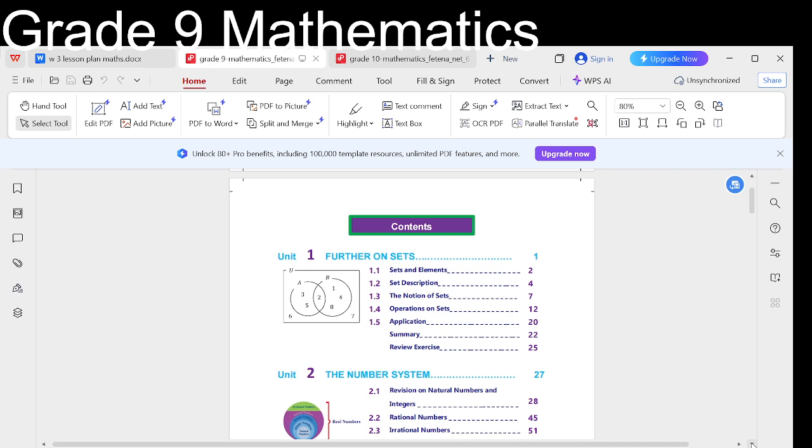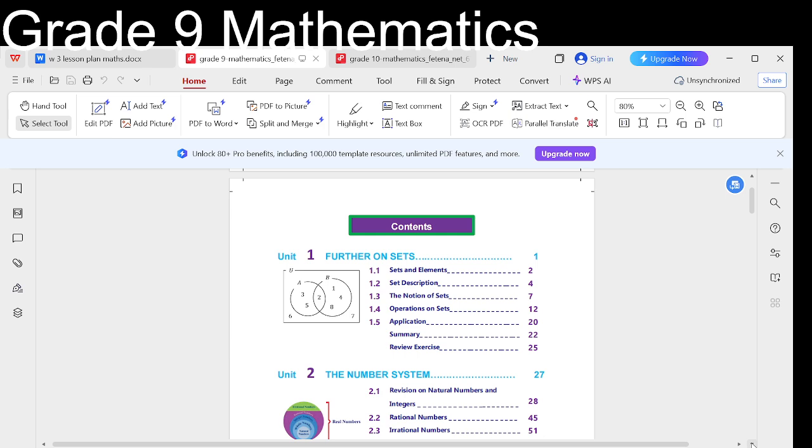As you know, a set is a collection of any defined objects. That means that any collection under a set must be defined, so every element must be known under the set.